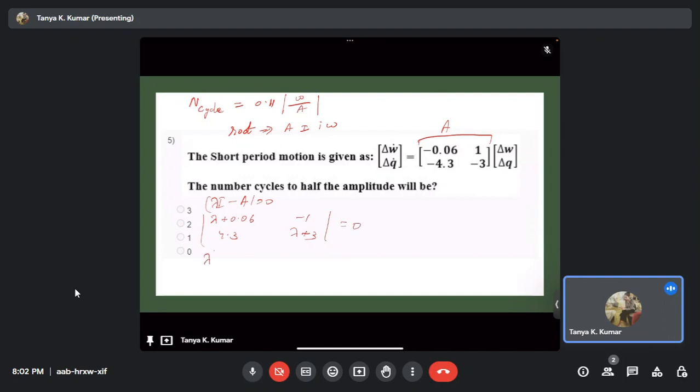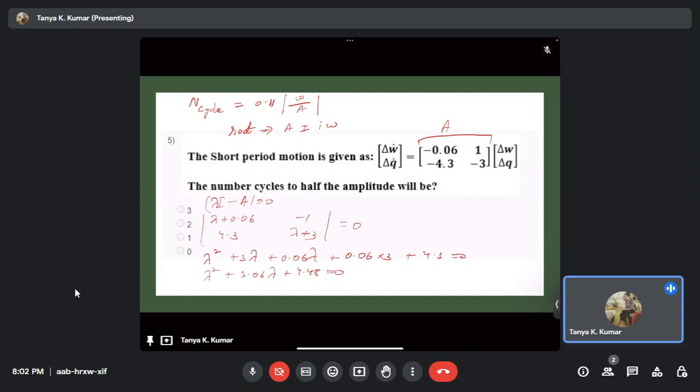You have lambda square plus 3 lambda plus 0.06 lambda plus 0.06 into 3 plus 4.3 equals 0, right? So when you simplify that, you get lambda square plus 3.06 lambda plus 4.48 equal to 0.